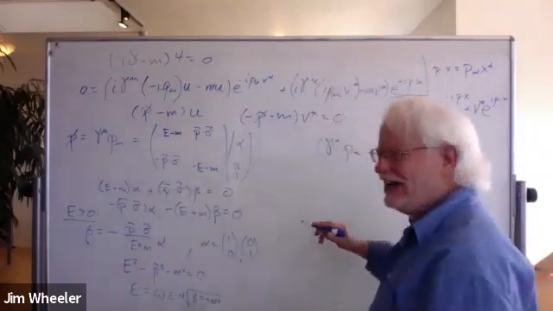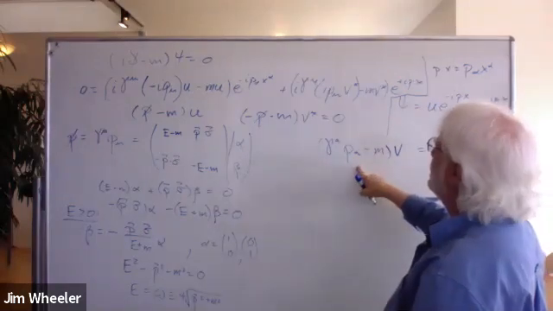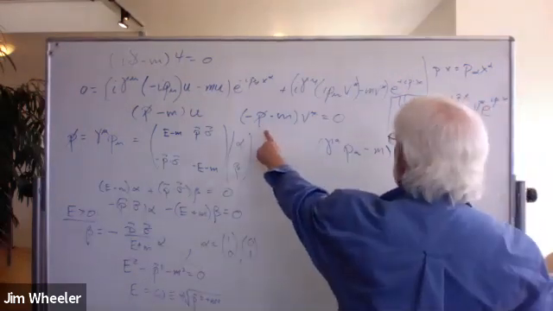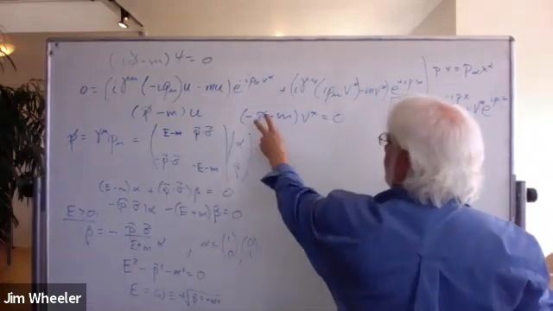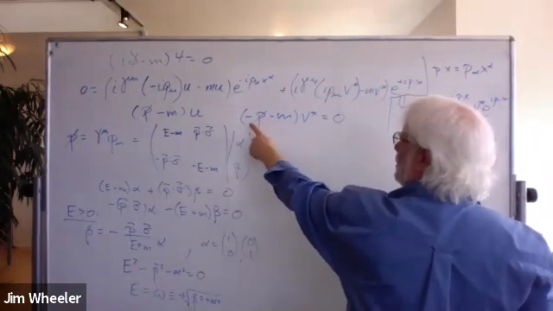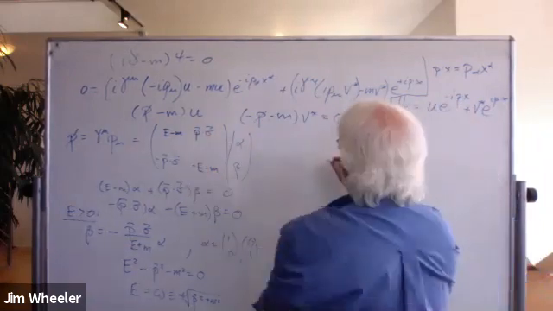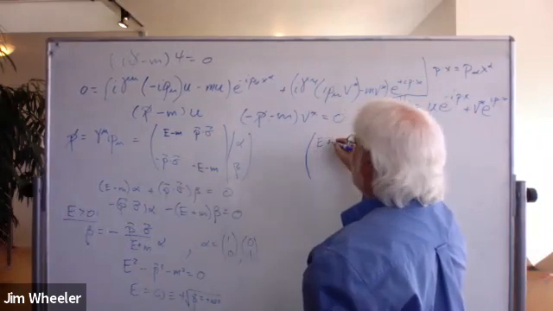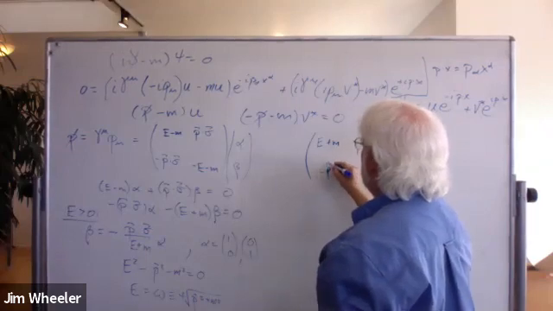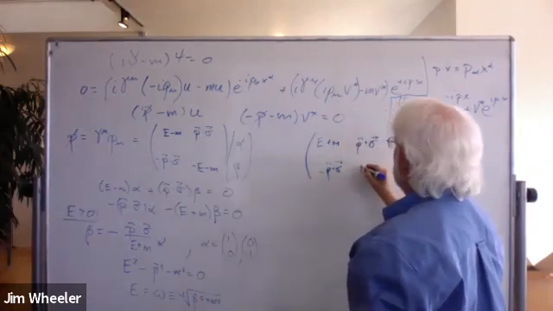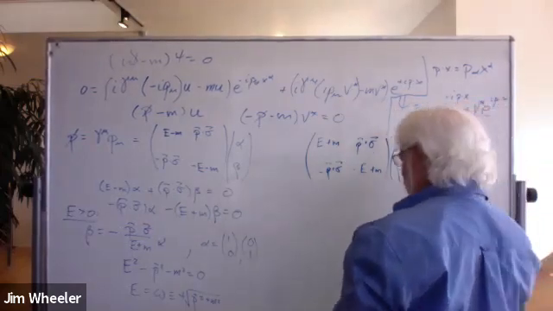All right. Now, this is acting on V. This time, the equations for V, we've got minus V minus M, so it's going to be plus M. So, just multiply by a minus sign, we have P slash plus M. So the matrix equation will be E plus M, P dot sigma, minus P dot sigma and minus E plus M on alpha beta equals 0.